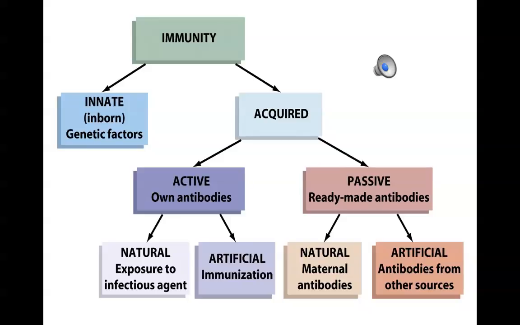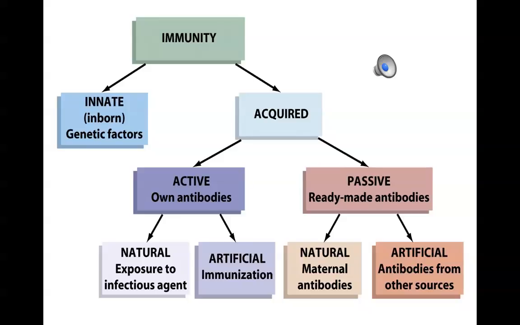The acquired immunity can be either active or passive. Acquired immunity, again, is where we're eliciting the involvement of the immune system. For active immunity, our own body will be making immune factors, essentially activating our own T and B lymphocytes for a specific immune response.